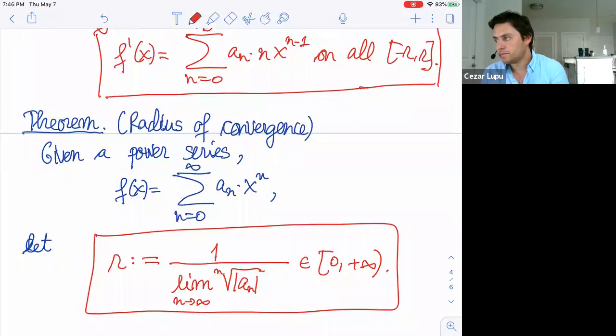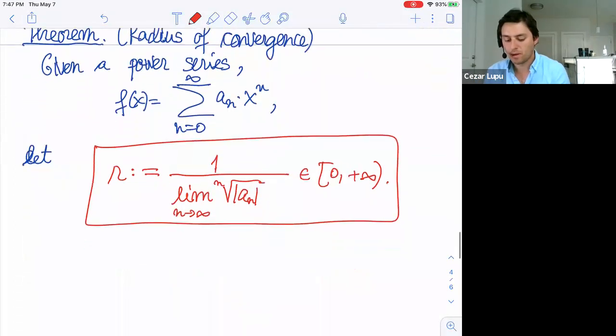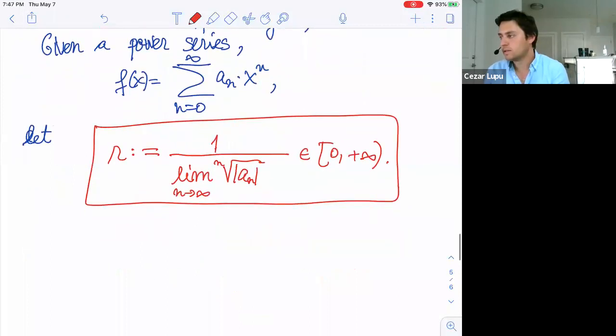If the limit of this is infinity, then R is 0, and if the limit of this is 0, then R is infinity. So keep that in mind. All right. So this is R, and the theorem states the following.